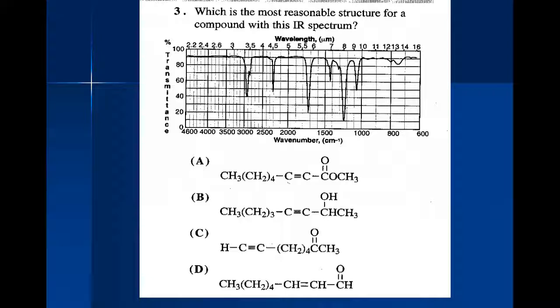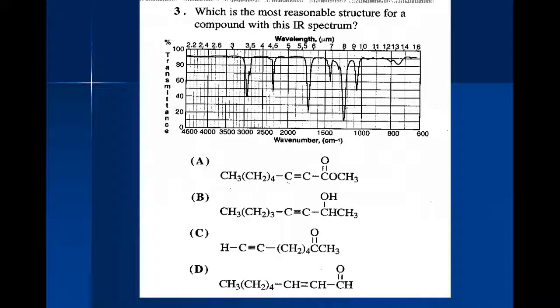What else can we eliminate? C. Why can we eliminate C right off the bat? This stretch isn't big enough for a carbon-carbon triple bond, is it? Which one? 2500. Right here? It might be. Notice a lot of these other ones have carbon-carbon triple bonds too, right?